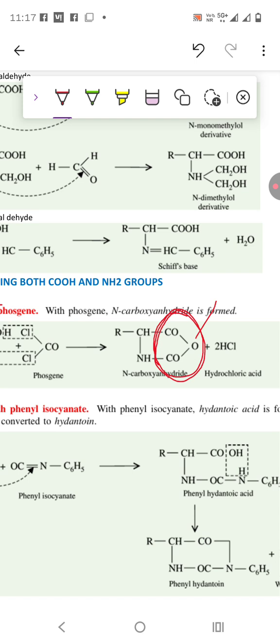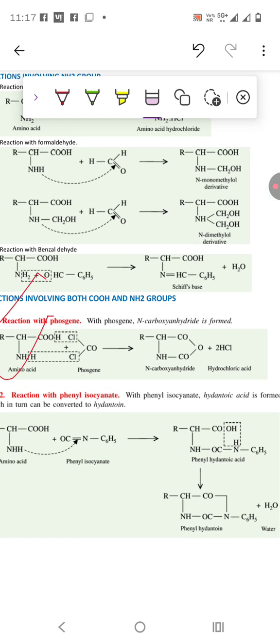That's it. Because of this structure we call it anhydride. Here no water is removed, but still we call it anhydride because of this structure. That's it.